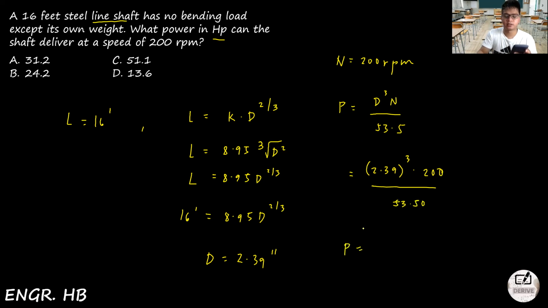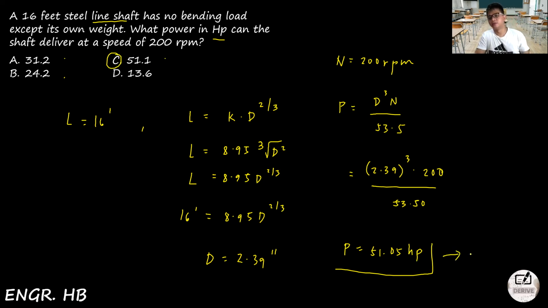So our power is 2.39 cube times 200 divided by 53.5 and we have this 51.05 horsepower. So meron kayong sagot sa choices 31, 24, 51. So ayan. The answer is letter C, 51.1 horsepower.